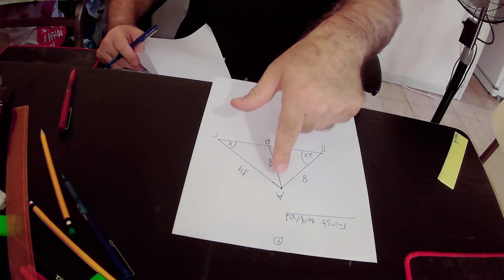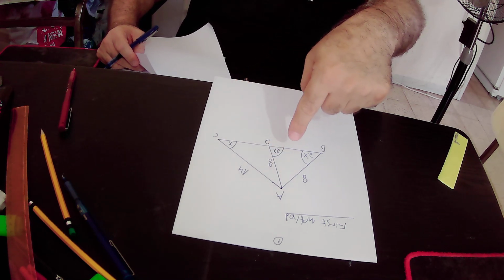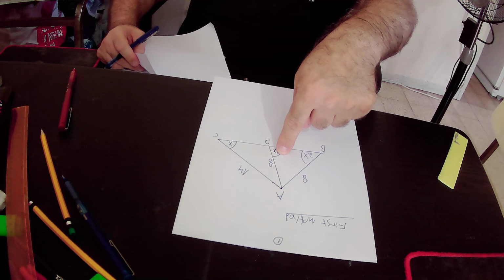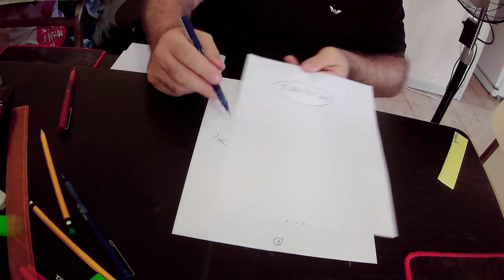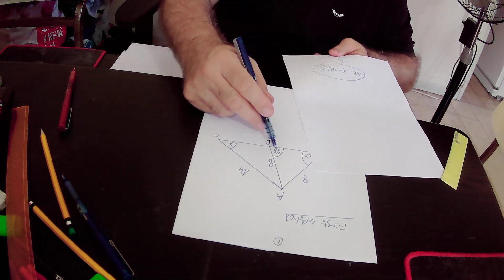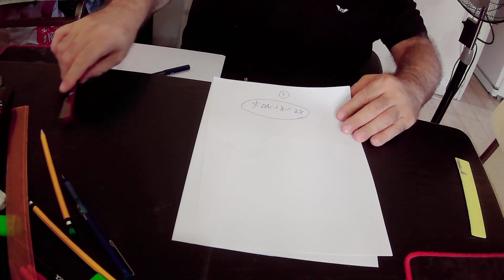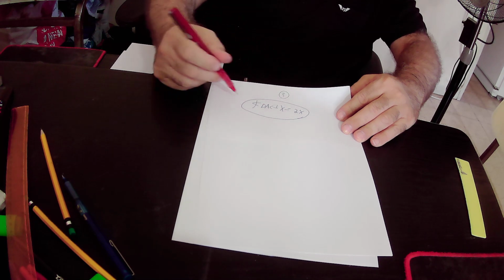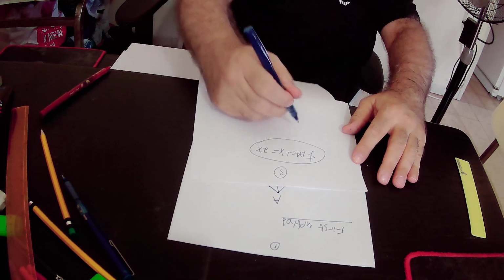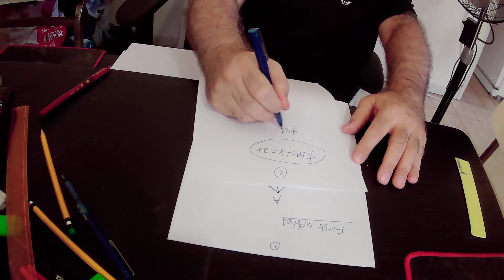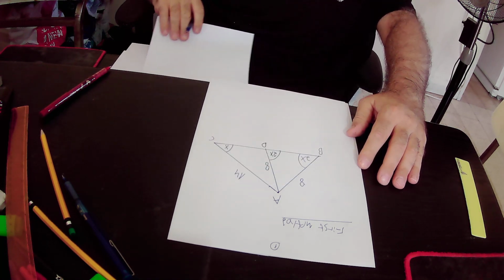So here we can subtract x from both sides of the equation, and we will get that angle DAC equals x. Angle DAC equals x.